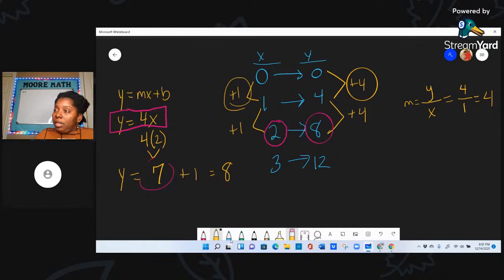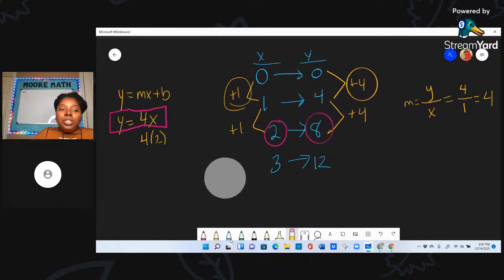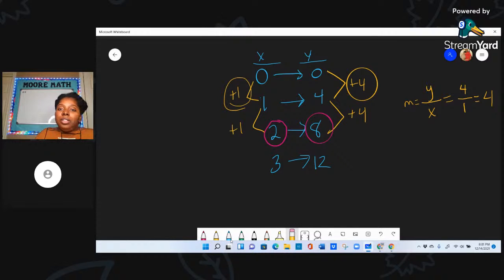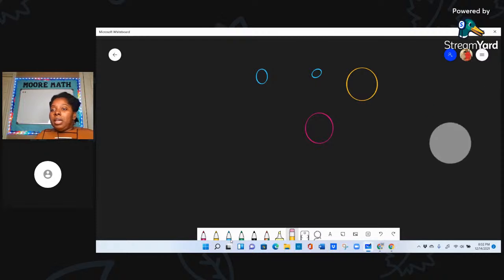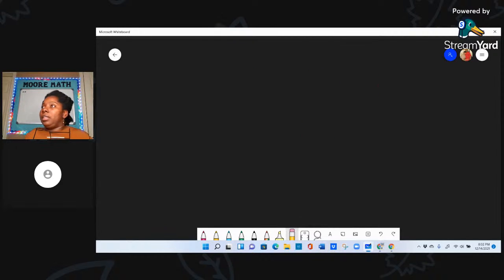Okay. So once you have your slope, you're really just subtracting whatever they say the output should be, to figure out what the y-intercept is. Okay, let's do it again.